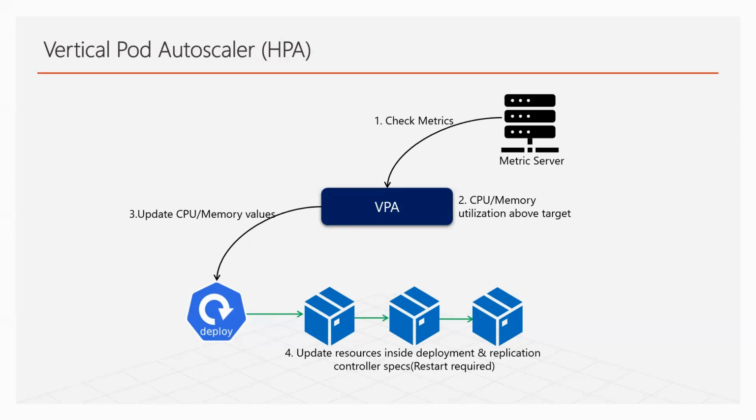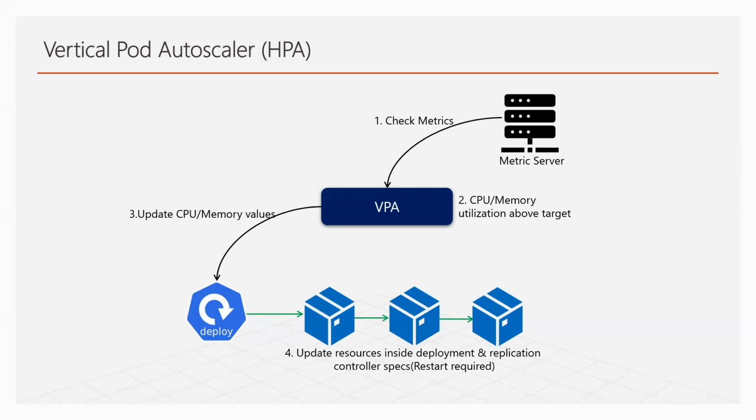It's going to update your deployment file, and from the deployment file, your pods will be updated. But here the problem is whenever there is a change, it applies and it restarts. Obviously, you know that an existing pod, if you make any change, has to be restarted, right?